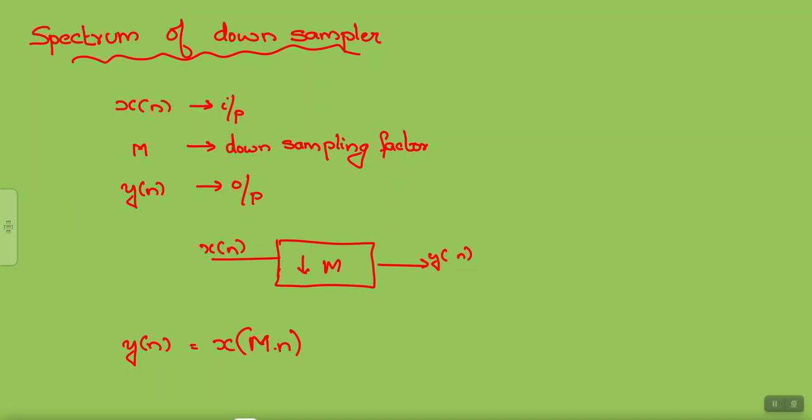Taking the Z transform, Y of z is equal to summation n equal to minus infinity to plus infinity y of n into z raised to minus n.